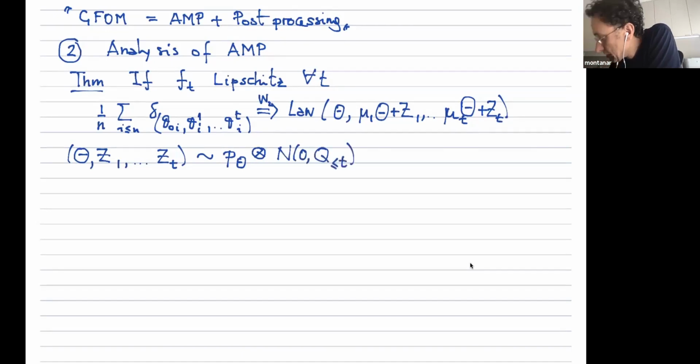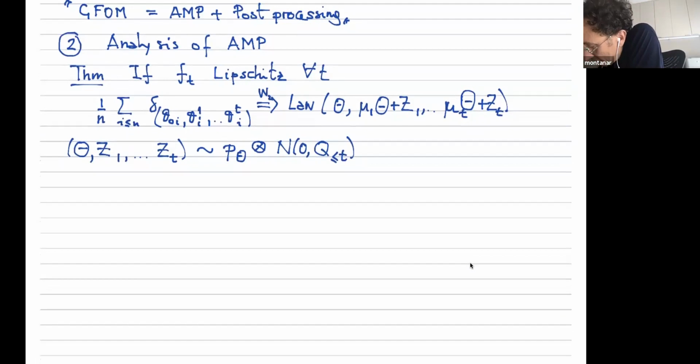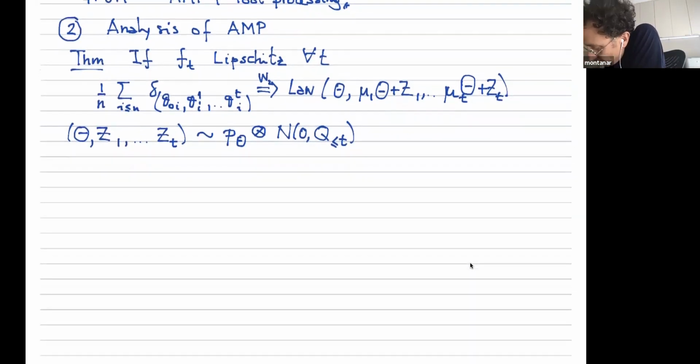This is a t by t covariance that I'll think of as the first t by t submatrix of an infinite matrix. Now this law is completely defined once you give me the coefficients mu1, ..., mu t, and the matrix Q. And now I'll tell you how to compute this. You compute mu by the following recursion.